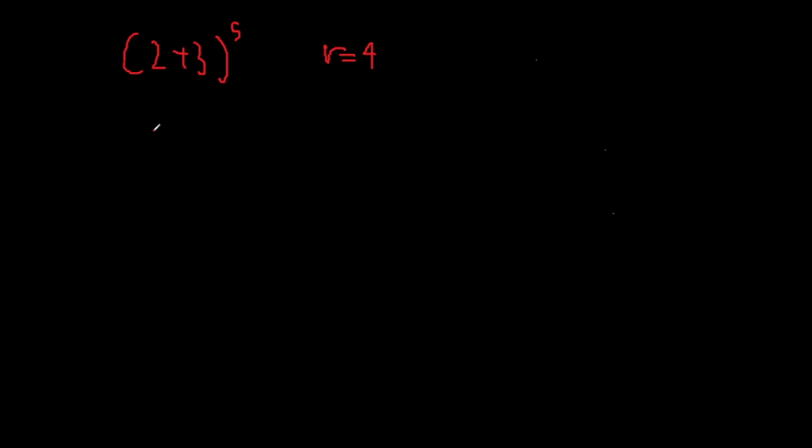Well, you just plug it into the summation, 5 choose r. We start r from 0. That's the standard way of starting, it's from the first term. And then you have 5 choose 4, a, which in this case a is 2.